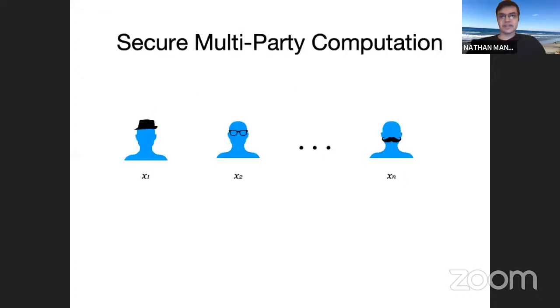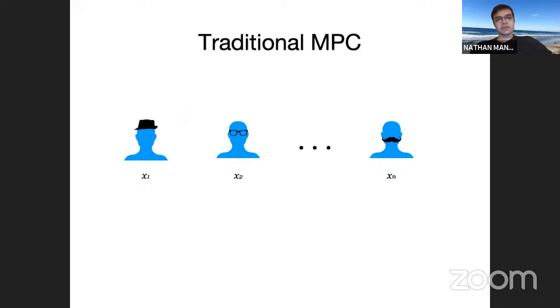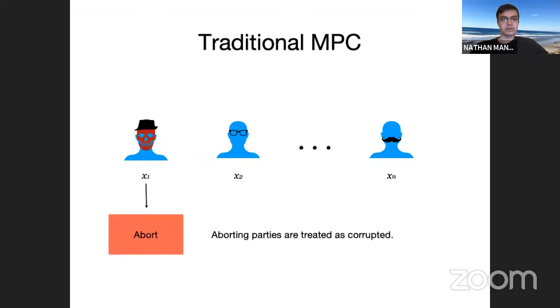In secure multi-party computation, there are many parties, each possessing some private input, and they wish to compute some joint function f on their private inputs. To do this, the parties execute a protocol, and afterwards, each party should only learn f on their private inputs. Now, in traditional MPC, if a party aborts during the execution of the protocol, they are treated as a corrupted party that is colluding with other parties.